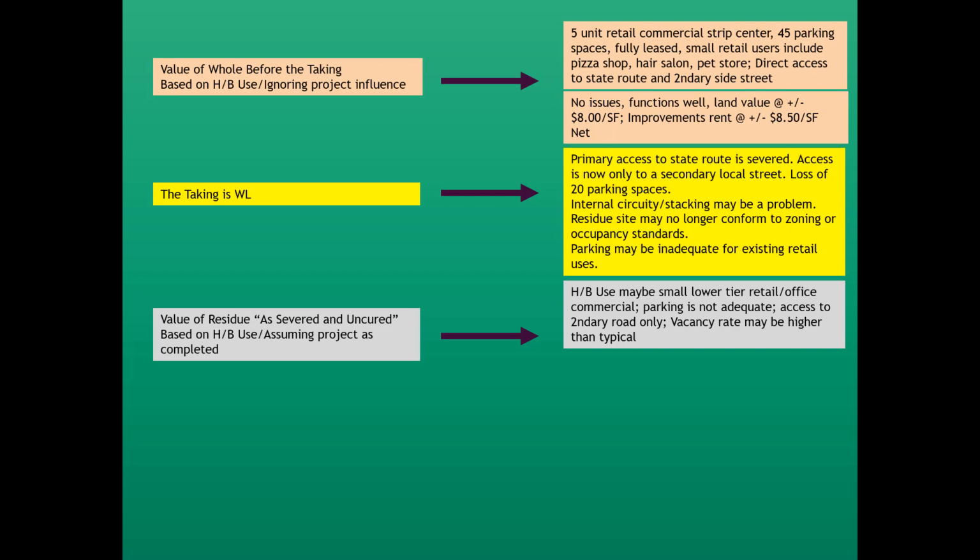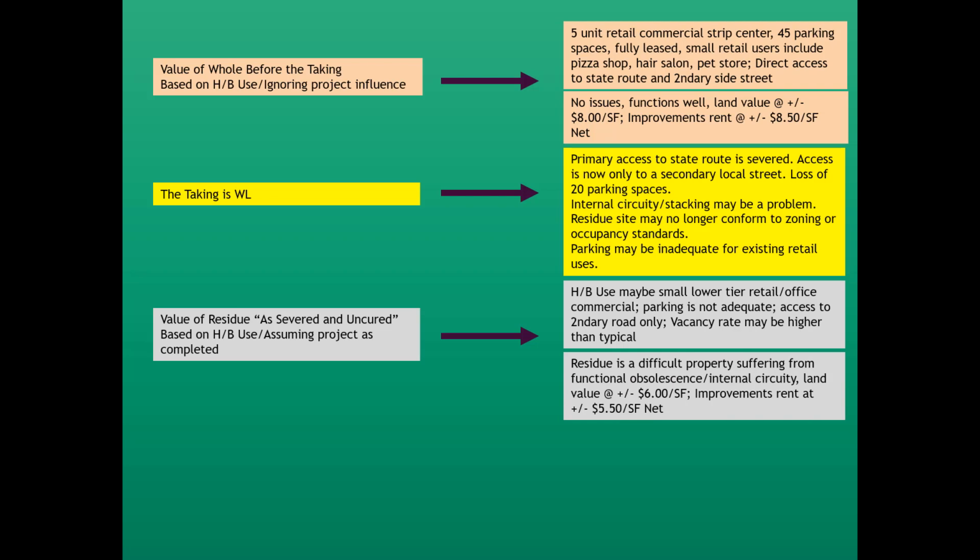Vacancy rate may be higher than typical. The residue is a difficult property suffering from functional obsolescence, suffering from internal circuity issues. The land value may have been reduced to $6 a square foot, and the improvements, the rental rate may have fallen to $5.50 a square foot on a net basis.